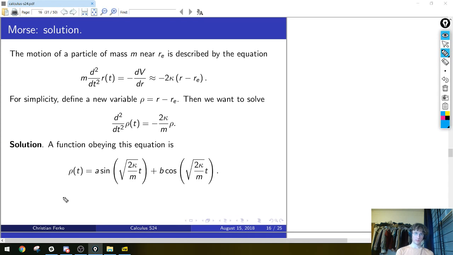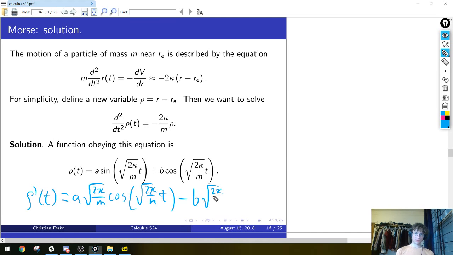Why is that true? Well, because rho prime of t, the first derivative by the chain rule, is a root 2 kappa over m cosine of root 2 kappa over m t, minus b root 2 kappa over m times sine of root 2 kappa over m t.